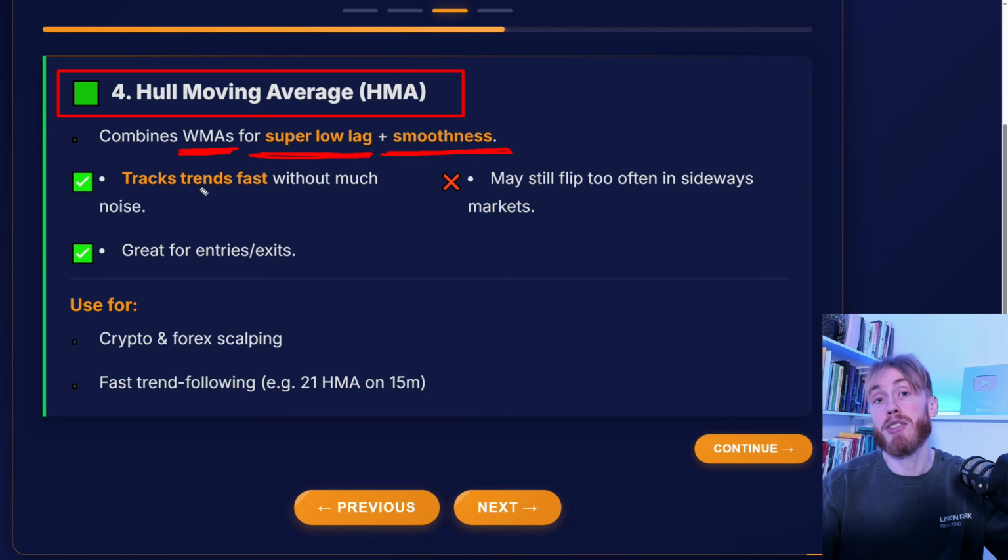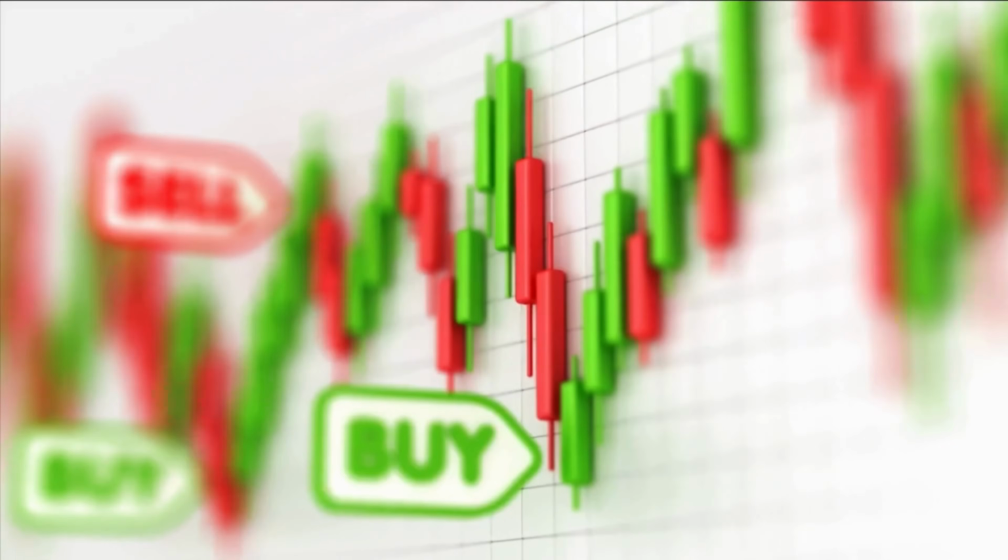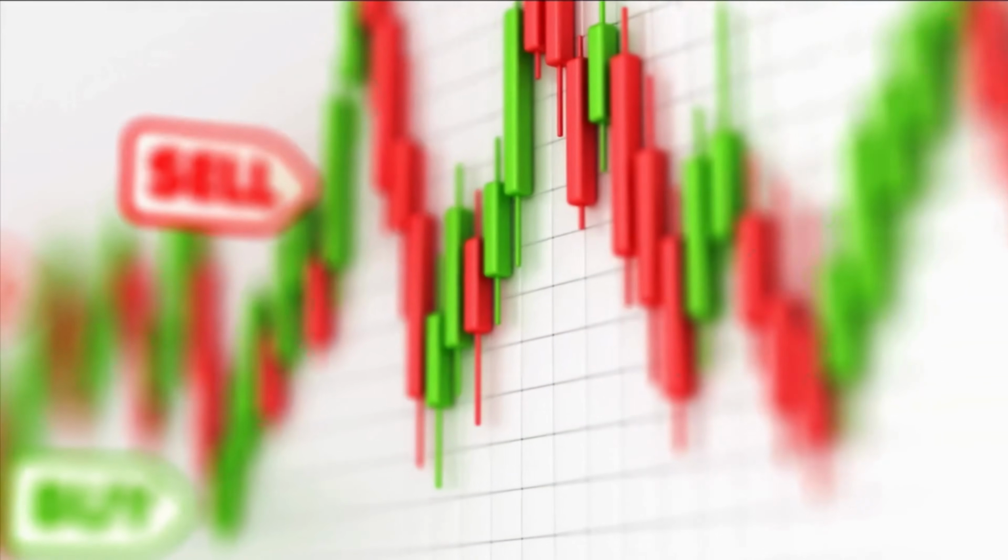So this is a special type of moving average that can be very useful, especially in certain markets. It tracks trends fast, and it also reduces noise. So many traders actually use the Hull moving average for entries and exits.